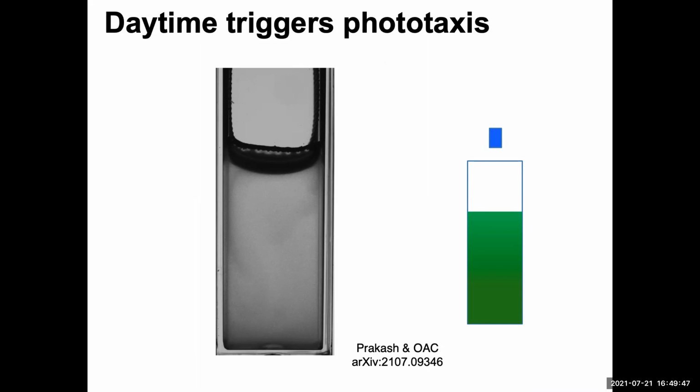And again, for this situation, the culture conditions might give you a variation in the observed phenomenon. So this is a preprint that we just submitted with Praneet Prakash, which also deals with using light to concentrate cells above a porous medium, if you're interested.